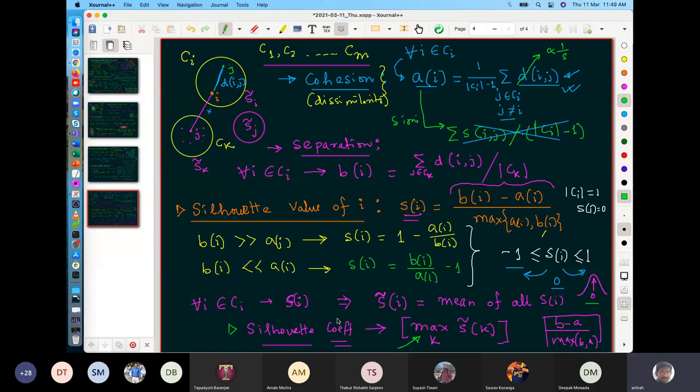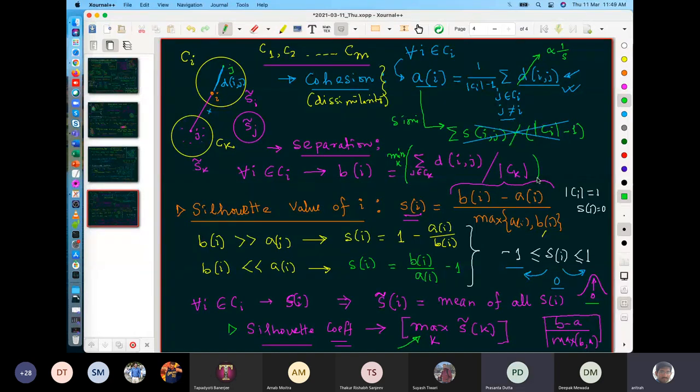Sir, when we are considering the separation, which cluster are we considering as CK? Here, CK is the neighboring cluster. So the CK that you finally get here is the neighboring cluster. This is a very nice point. I missed a point.